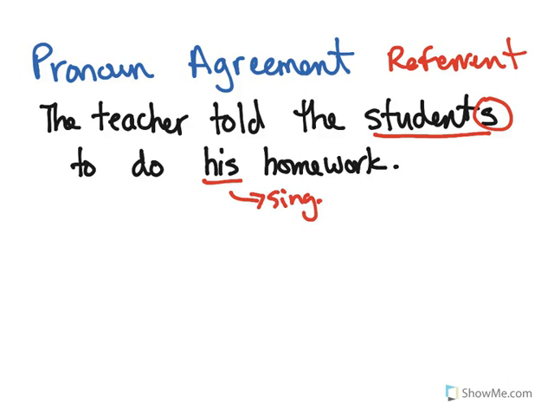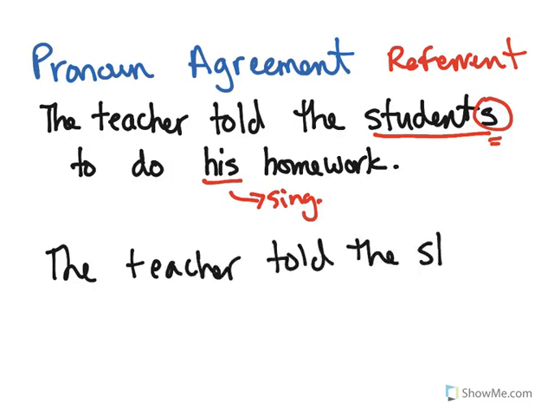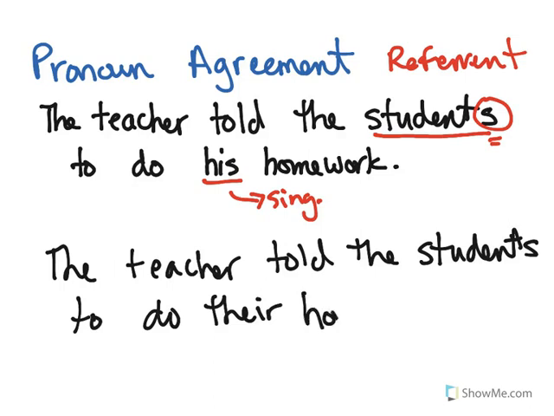Just like I need to have good subject-verb agreement, I also need to have good pronoun agreement with the noun that it's modifying. So here, because I've got a singular pronoun, I would also want to have a singular noun. So instead, I want to say something like the teacher told the students to do their homework.